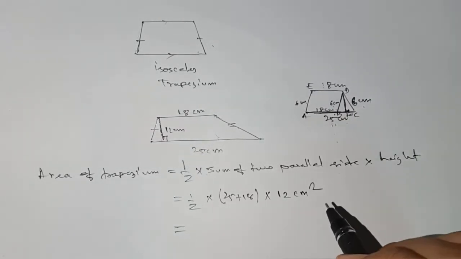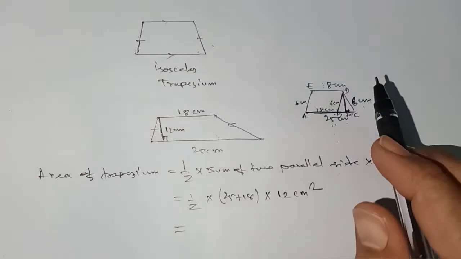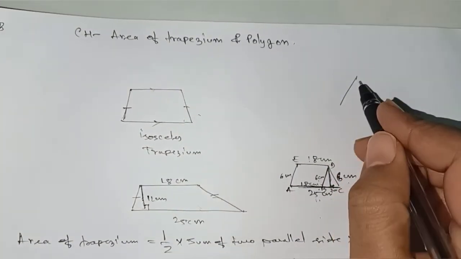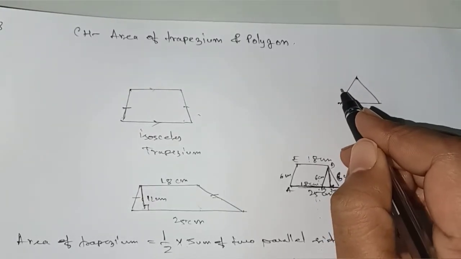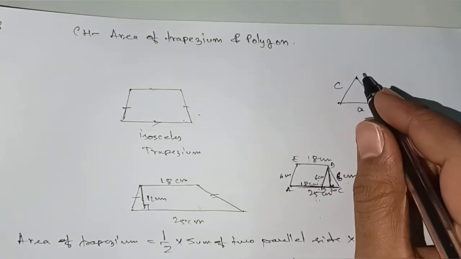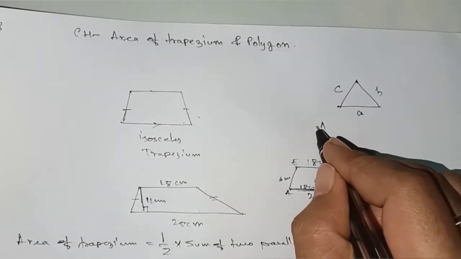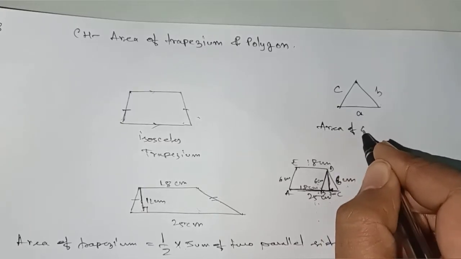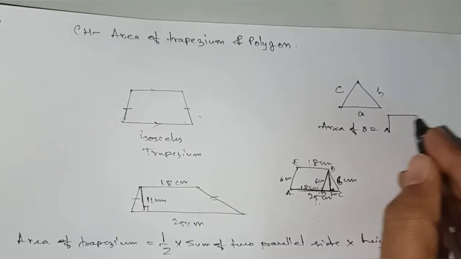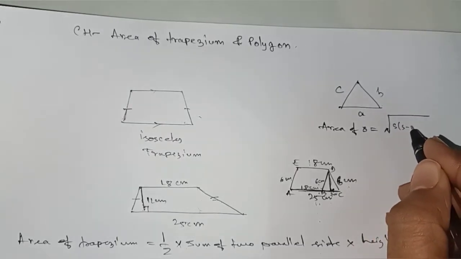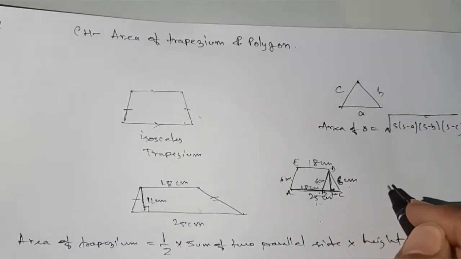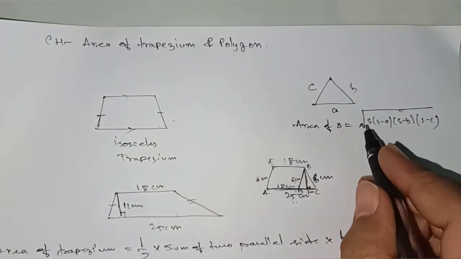So what is Heron's formula? We're going to see Heron's formula. If we go for a triangle and name the sides A, B, C, then the area of the triangle can be found using Heron's formula by this one: root over S into S minus A, S minus B, S minus C. So what is this S here?